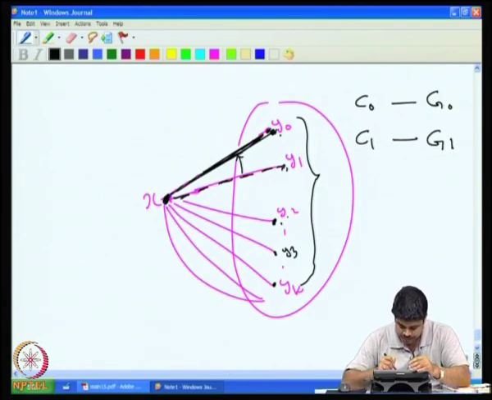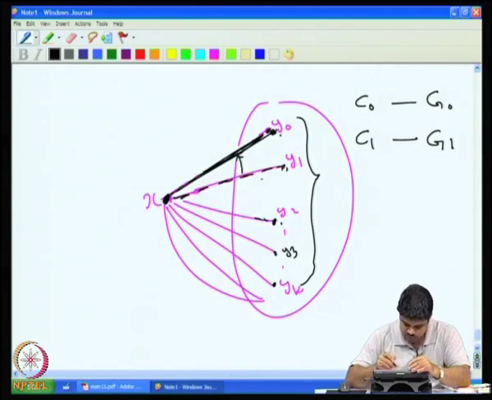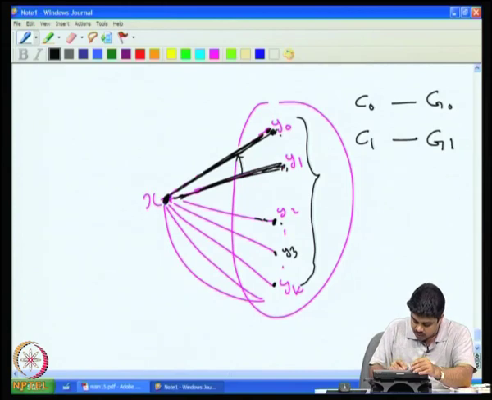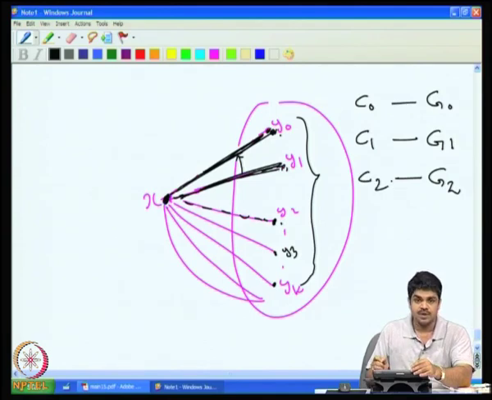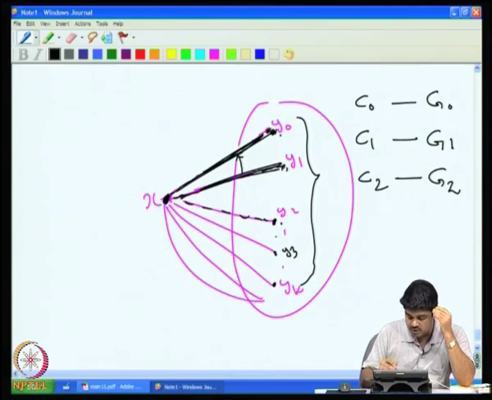Now the third one: we can give the color of this edge xy2 to here, and then remove this edge, then the new graph will be called G2, and the new coloring will be called C2. And similarly for y3.